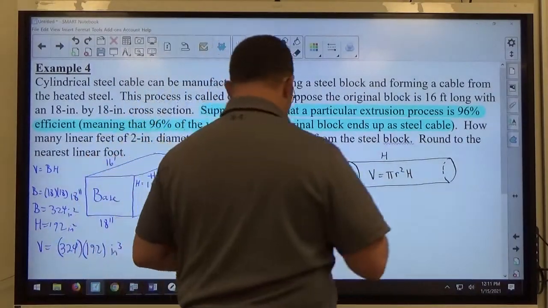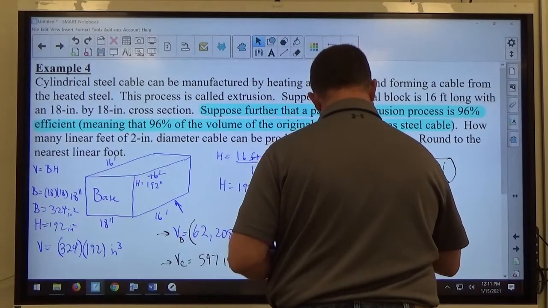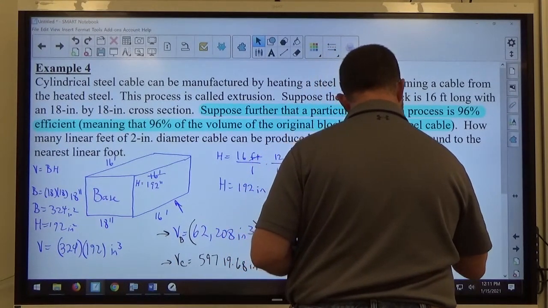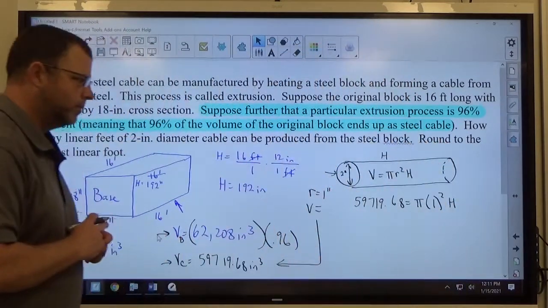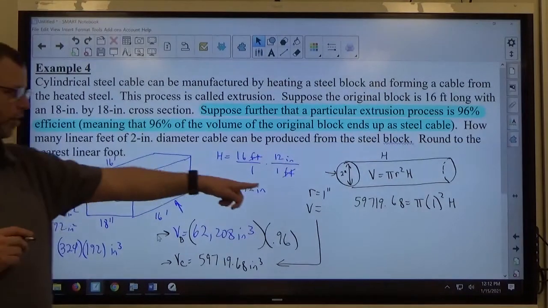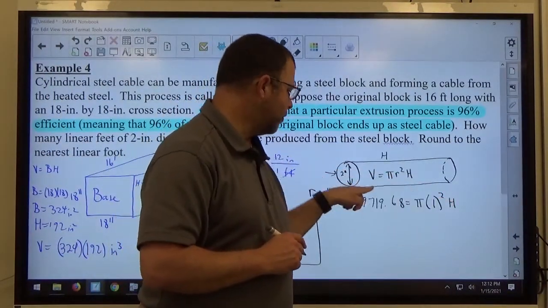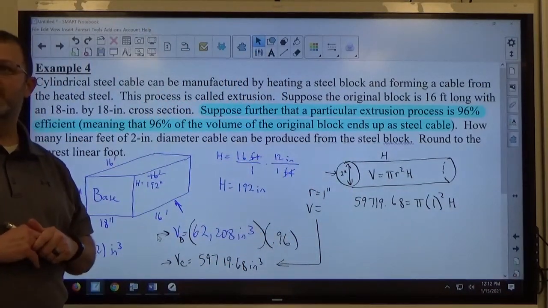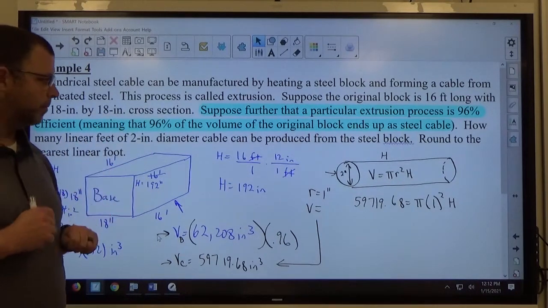So I'm going to write 59,719.68 equals pi times 1 squared times h. The radius is 1, so 1 squared, pi is pi, h is unknown, and 59,719.68 is how much volume of steel we have after the extrusion process made 4% of the original volume disappear.